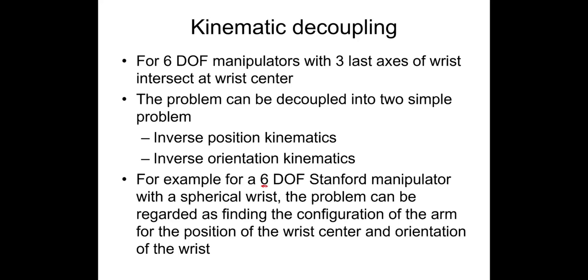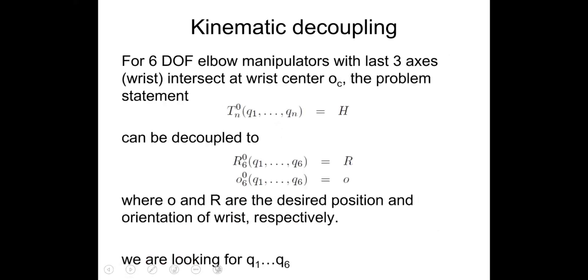This question can be regarded as finding the configuration of the arm for the position of the wrist center and the orientation of the wrist. So instead of solving the 12 equations, now we're doing 2 sub-questions. One is to solve for the position of the spherical wrist center, and the second is to find the orientation of the wrist. So what does it mean?